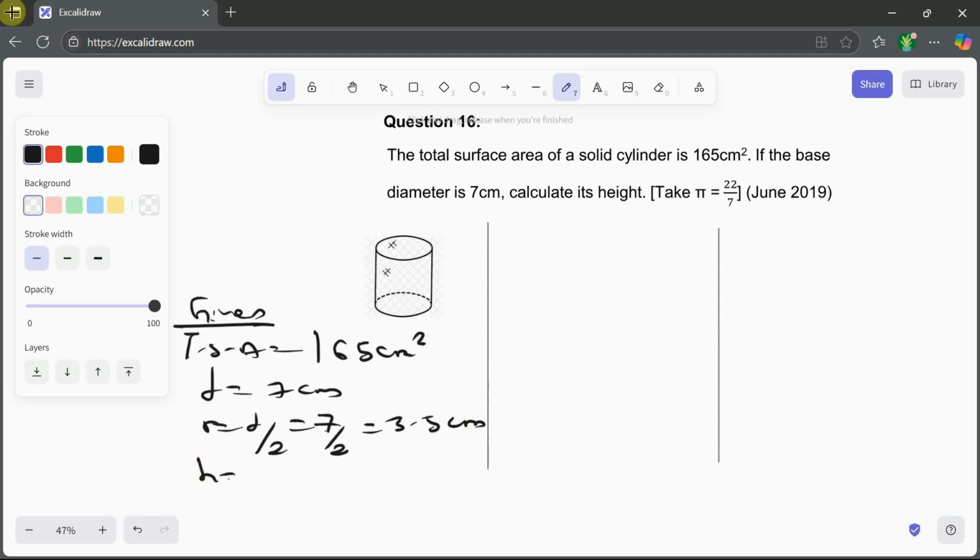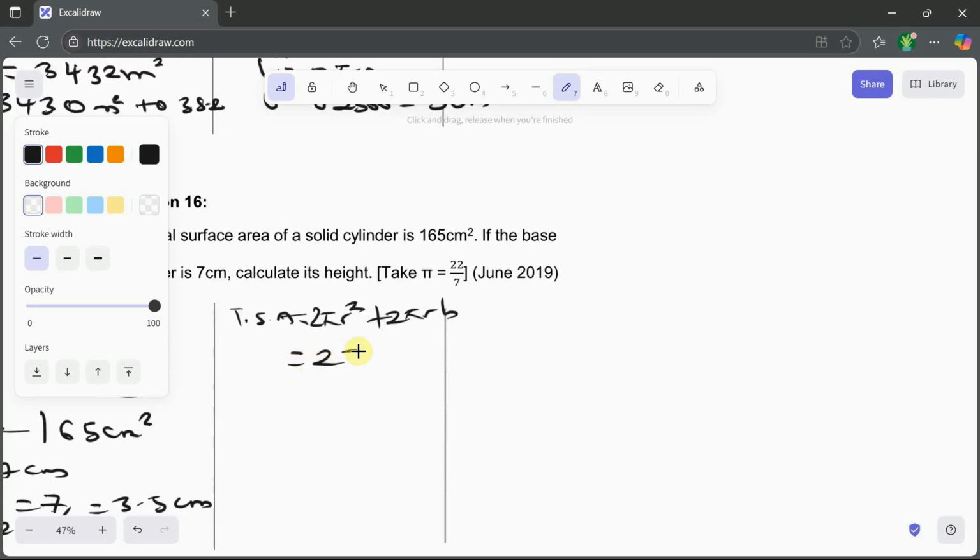Calculate its height. We're told pi is 22/7. So to find the total surface area of a cylinder, we have 2 pi r squared for the two circular ends, and then the curved surface area, which is 2 pi rh. So from here, if I factor out 2 pi r, that leaves me with r plus h.